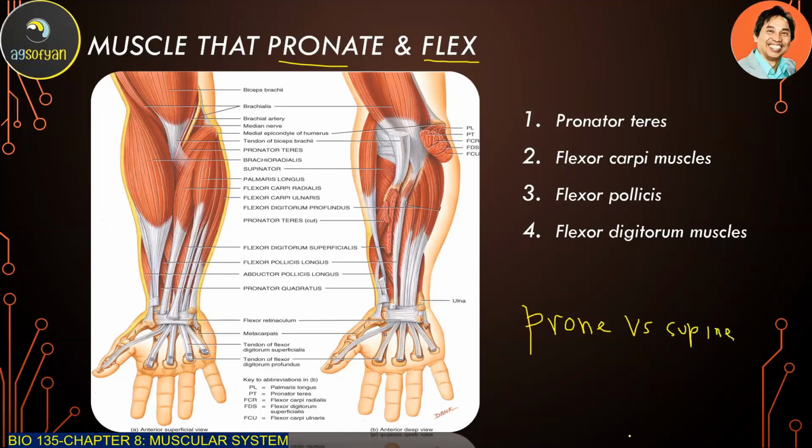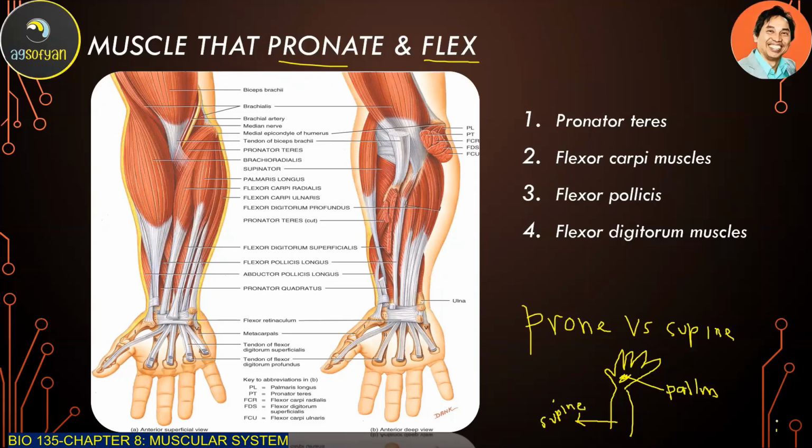When you look at your hand, usually you see your palm over here. If you see your palm, this position is called supine. So you are in supine position when you are able to see your palm.